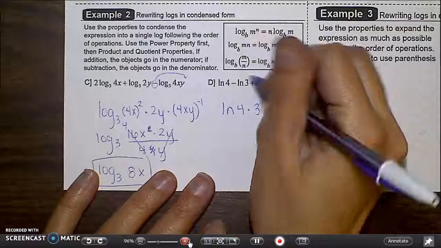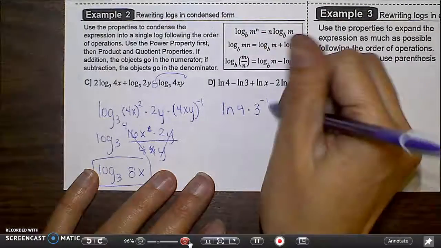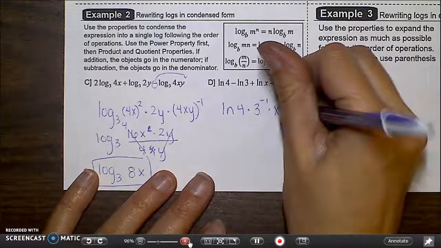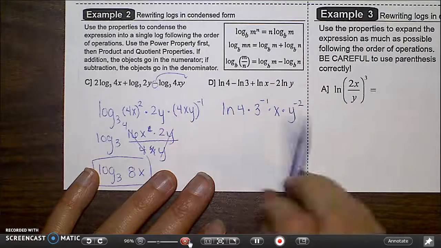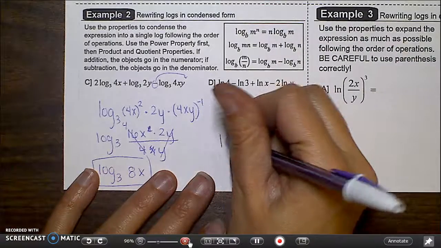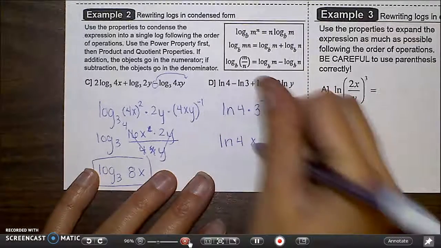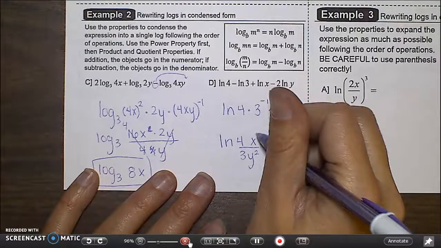Times 3 to the negative first, because there's a negative, times x to the first, and then times y to the negative second. And so then any negative exponents we're going to move to the bottom, so I'll have natural log of 4x, and then on the bottom, 3y squared.